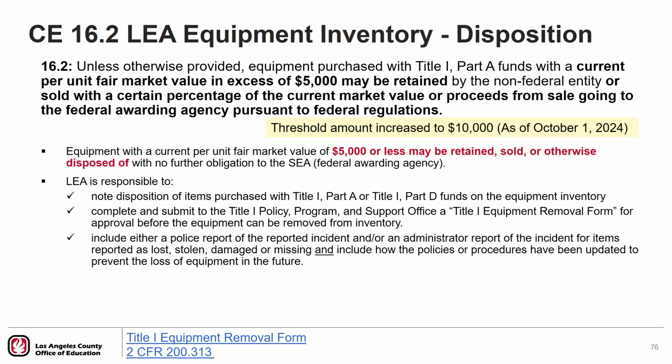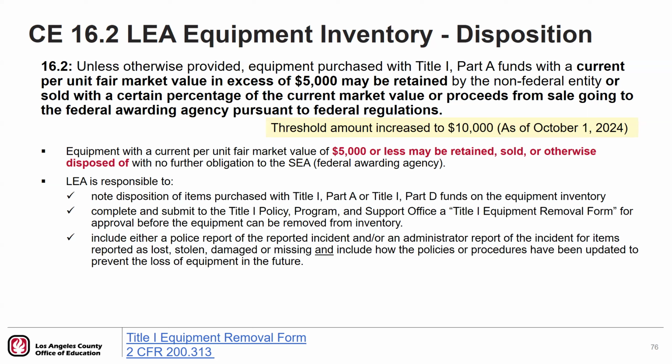and for specifically disposition of equipment purchased with Title I Part A funds with a fair market value in excess of $5,000, the item may be retained by the LEA or sold at a percentage of the current market value, and in this case, the proceeds go to the CDE. CDE requires LEAs to complete the Title I equipment removal form linked on the slide.